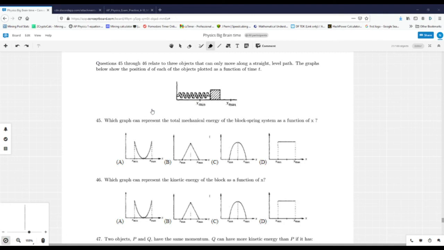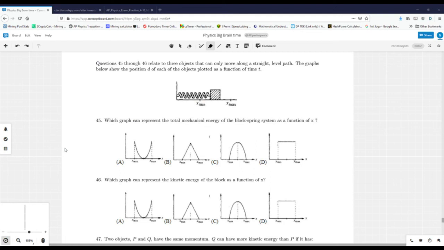So it can't be B. It accelerates first, so it can't be A, I don't think. And D goes straight up, so that one makes sense. So I'm gonna go with the half oval where the opening is facing the x-axis, so C.